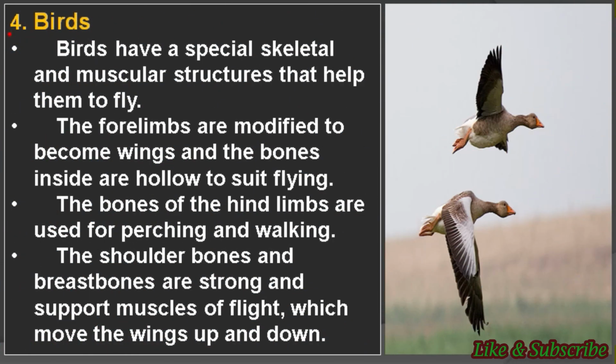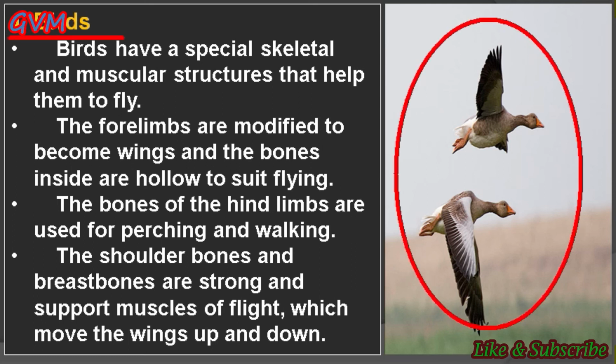Now the next one are birds. Students, birds have a special type of skeleton and muscular structures that help them to fly. Students, the forelimbs of birds are modified to become wings, and the bones inside the wings are hollow.